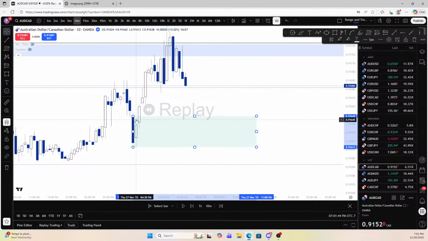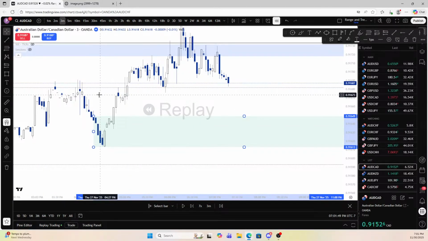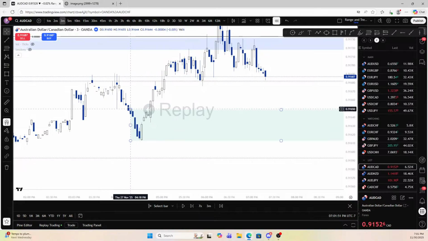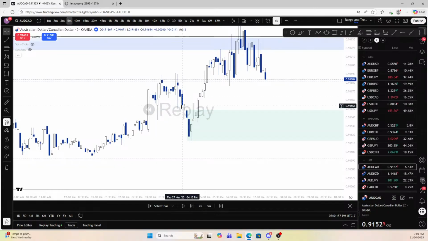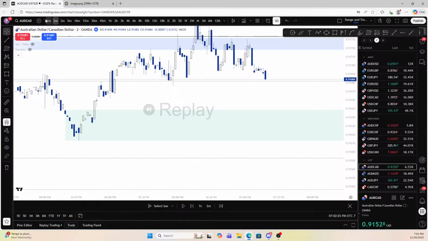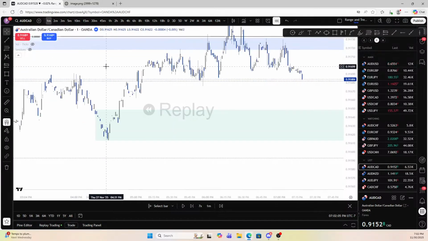Right, yep. You're just basically looking for all the fair value gaps. So right here, this is still valid because on the 5 minute there's a fair value gap. It's clean. 2 minute, 1 minute, nothing.